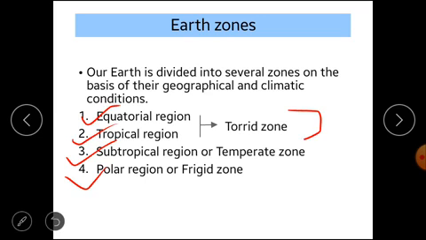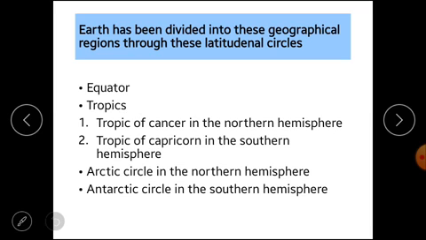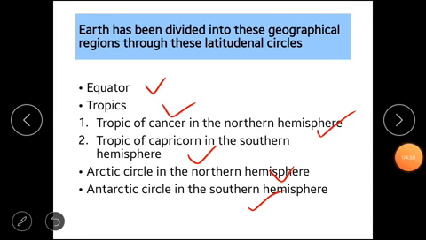Equatorial and tropical regions, when combined, become the torrid zone. These zones have been demarcated on the basis of some latitudinal circles: the equator, the tropics, they are two, the Tropic of Cancer, which is in the northern hemisphere, the Tropic of Capricorn, which is in the southern hemisphere, and the Arctic and Antarctic circles in the northern and southern hemispheres respectively.